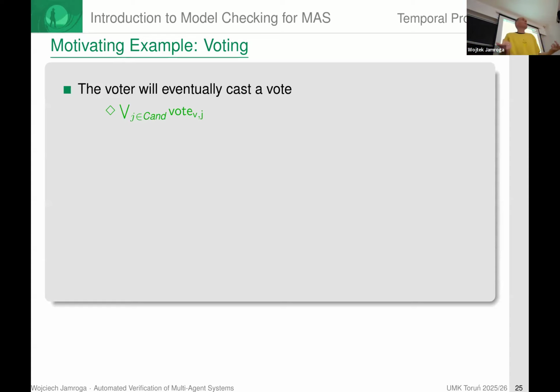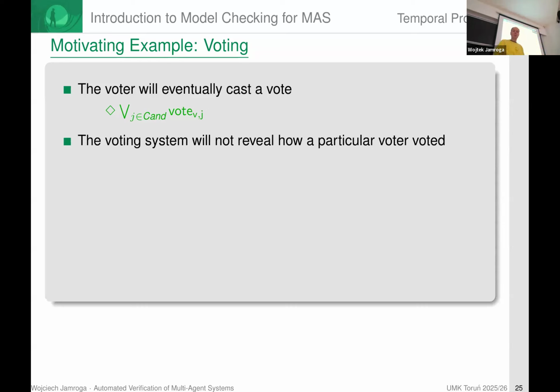The only thing is we want to allow for casting the vote on any of the candidates, so we can use the big disjunction, right? So we can say for any possible name of the candidate, there is a candidate name such that the vote will have been cast on that candidate.